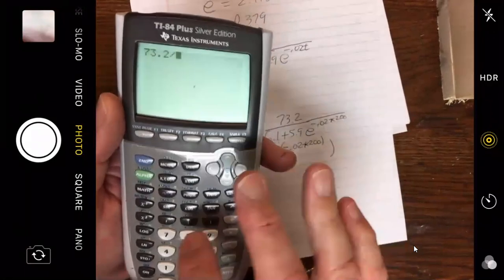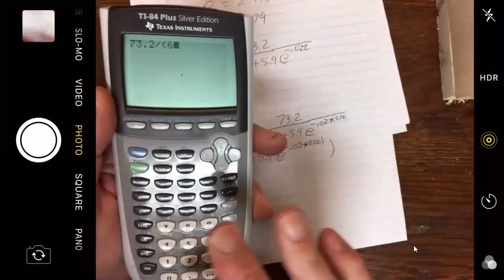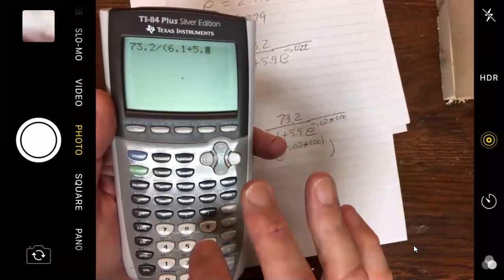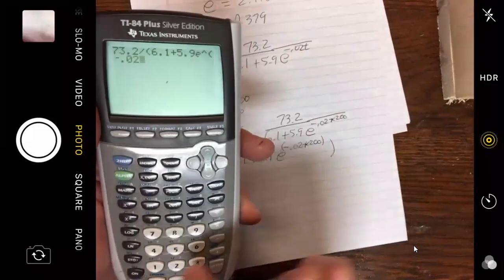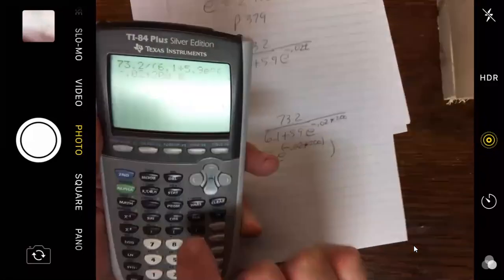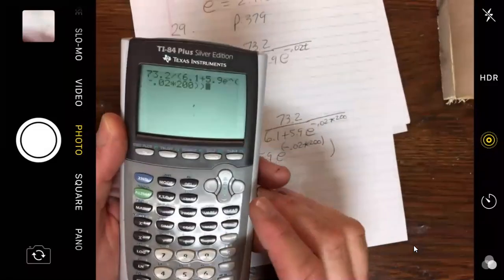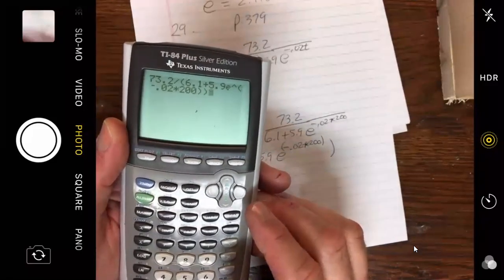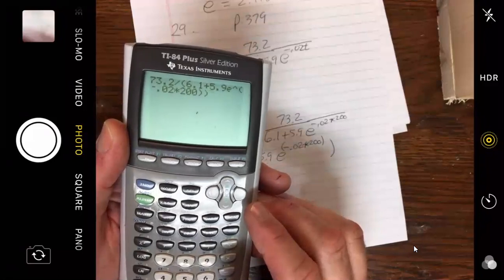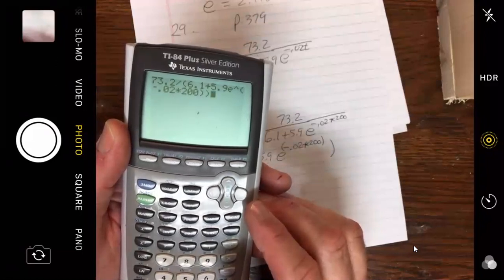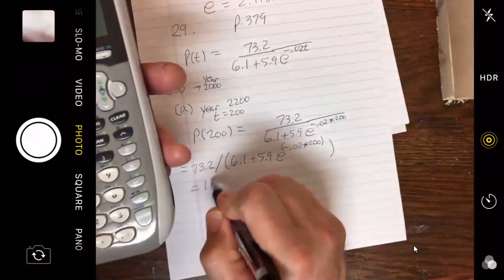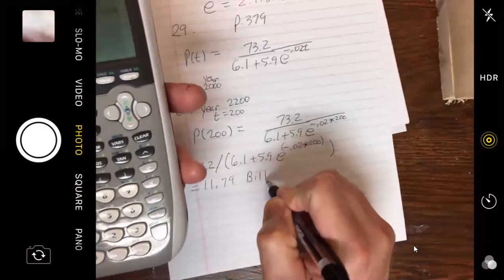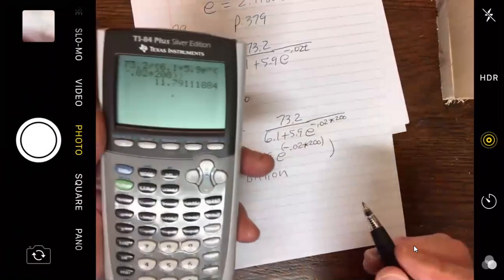It's just a matter of matching all the parentheses. So the answer is 11.79 billion. I would say Earth's population would go up to 11.79 billion.